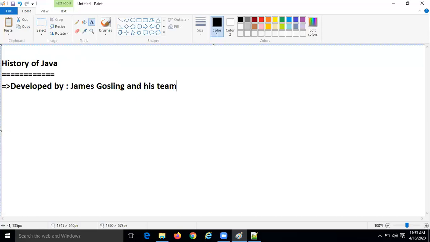Initially, Java was developed by 5 members, including James Gosling also. So their names also might be known. Okay. So their team members.